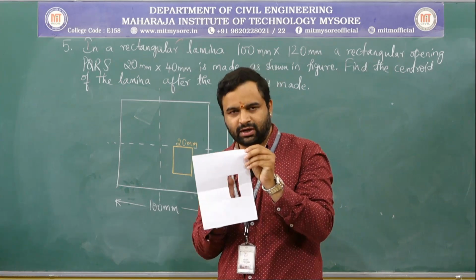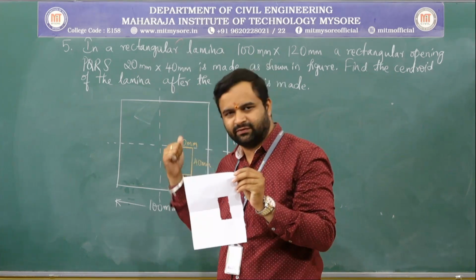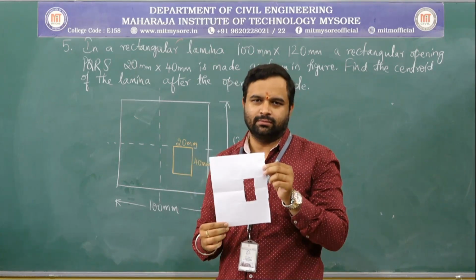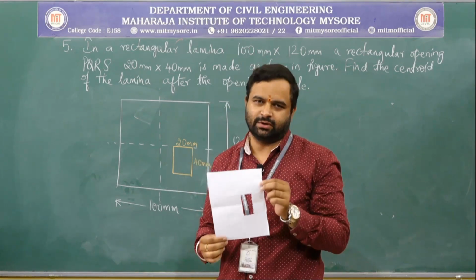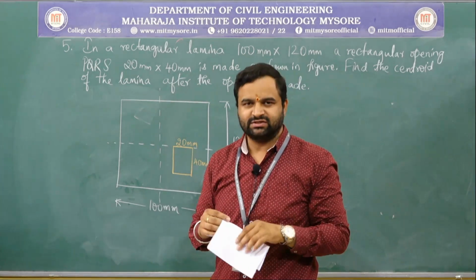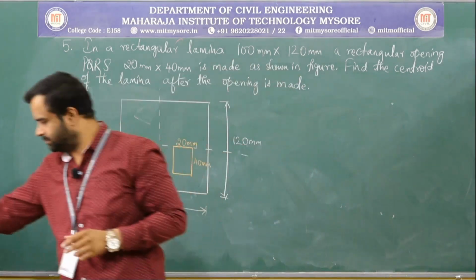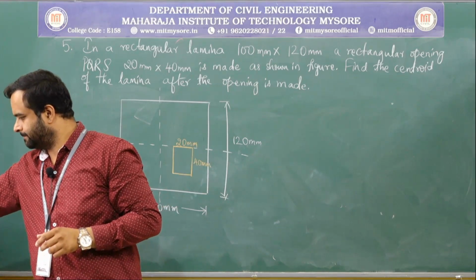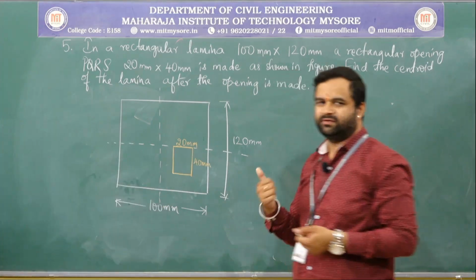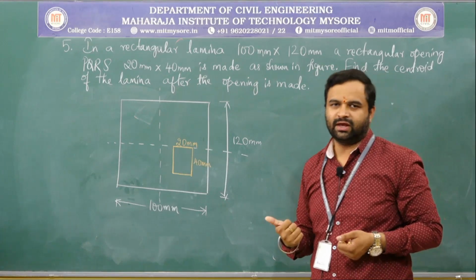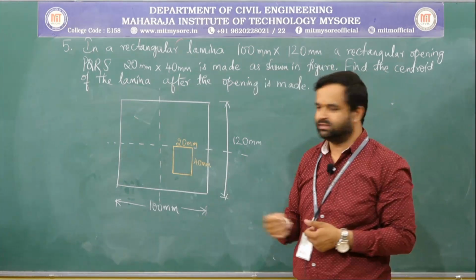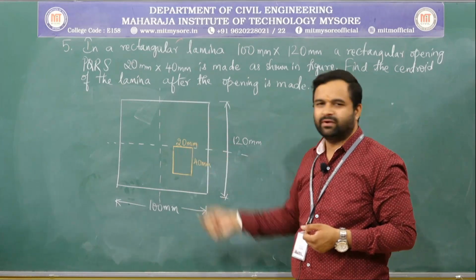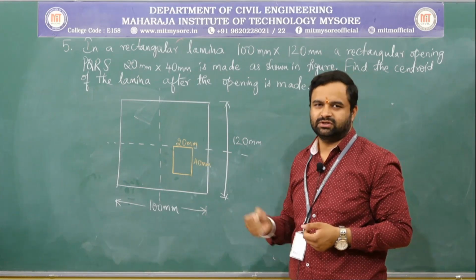Now we have to cut a rectangle because it is given in the question, and we have to locate the position of its centroid. Okay. So let us see how it goes. The very first step is look into the axis of symmetry if any, but since there is a cut here, we cannot say that we will be having an axis of symmetry. So that is ruled out.